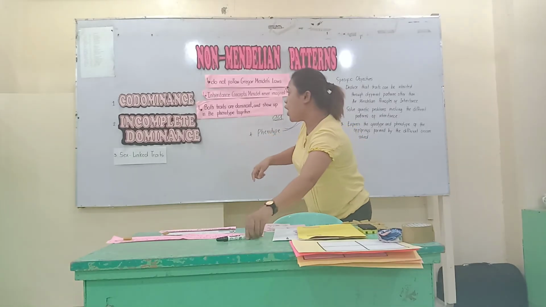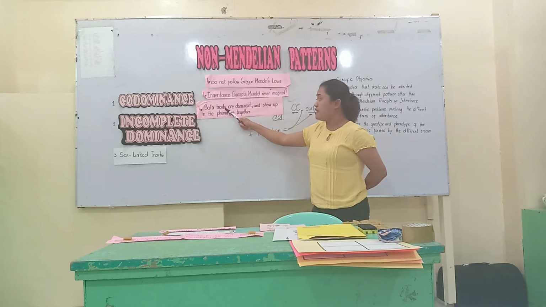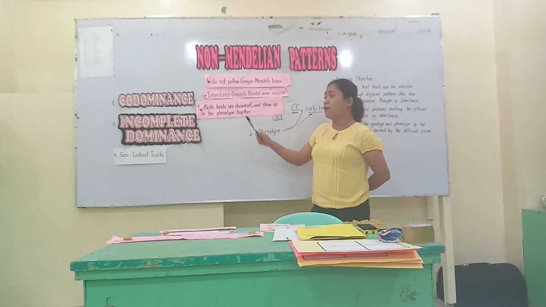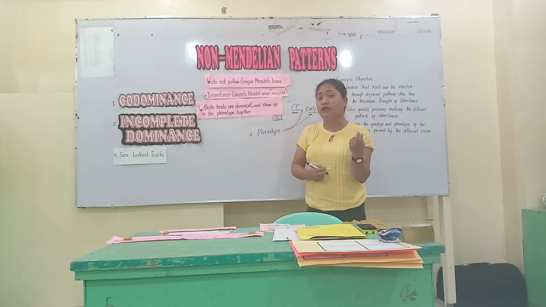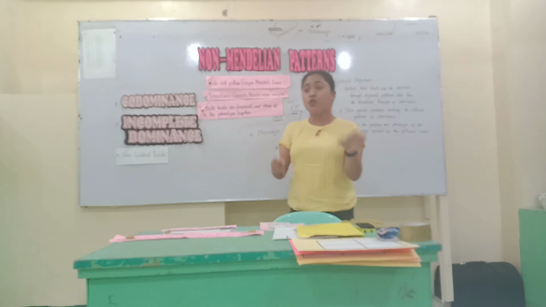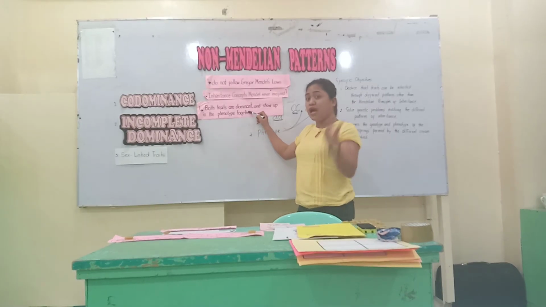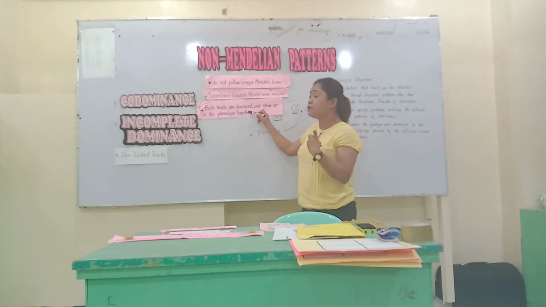So, in codominance, both traits are dominant and show up in the phenotype together. Co means together. So, when we see two phenotypes together, that is what we call a non-Mendelian principle of inheritance, codominance.